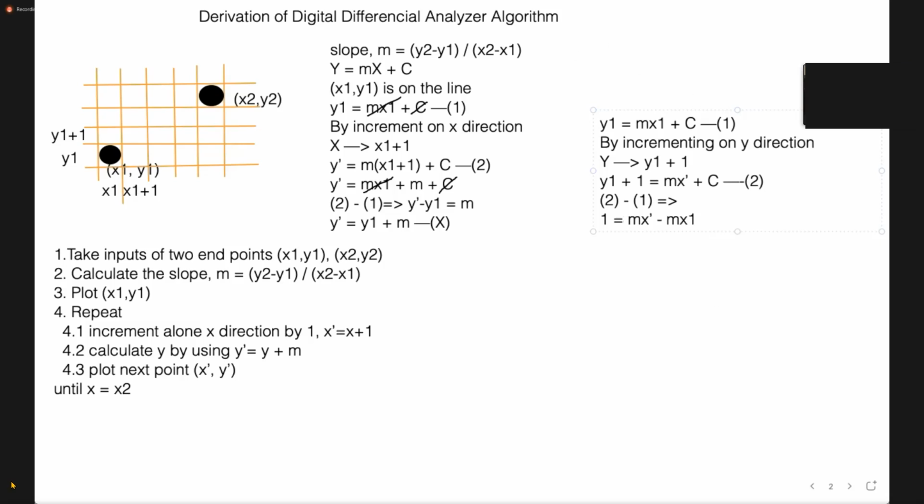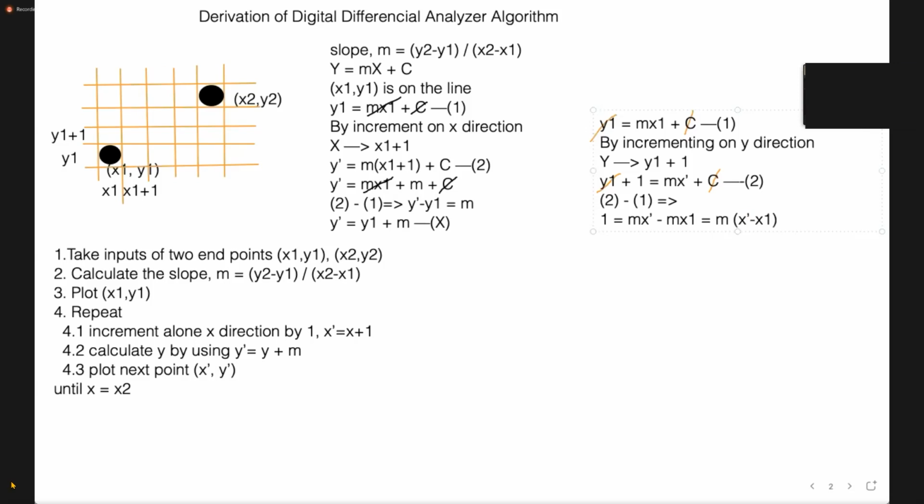We can cancel out some of the parts. For example, c to c cancel out, y1 to y1 cancel out. 1 will be there: m x dash minus m x1. So that is the thing available. Equal, we can take m out: m times x dash minus x1.